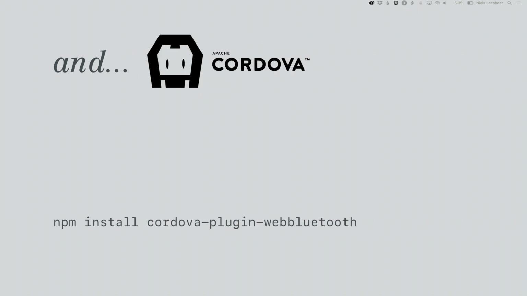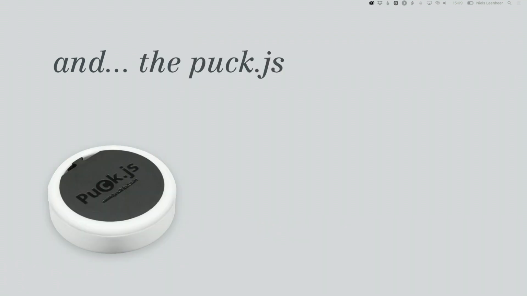If you're still using Cordova, there's also a plugin for that, even on iOS. And the Puck.js, which is a little Bluetooth beacon, really small. There's a battery in it that lasts about a year, and it runs JavaScript. And it supports the API. So you can use this, there's a button in it, to turn on the lights, for example, by directly talking to a Bluetooth light bulb.